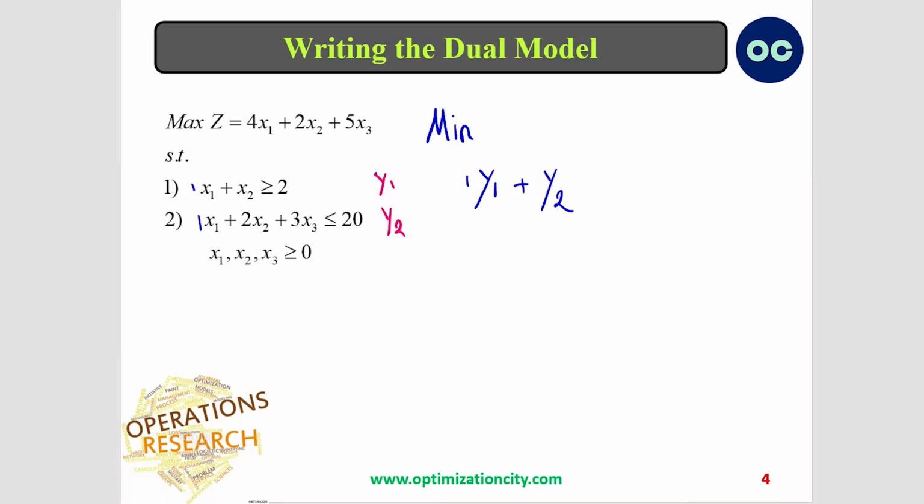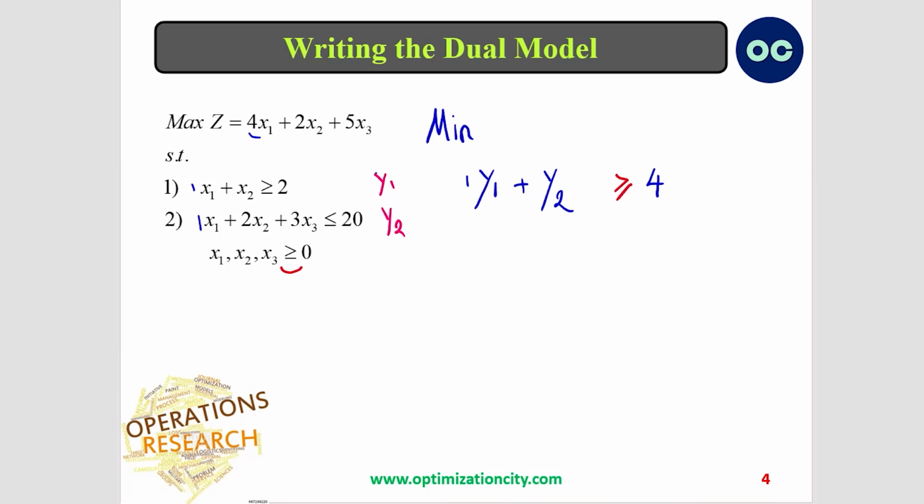The coefficient of x1 in the objective function, which is 4, forms the right-hand side of the first constraint, so we have 4. Since x1 is non-negative, this constraint is greater than or equal.